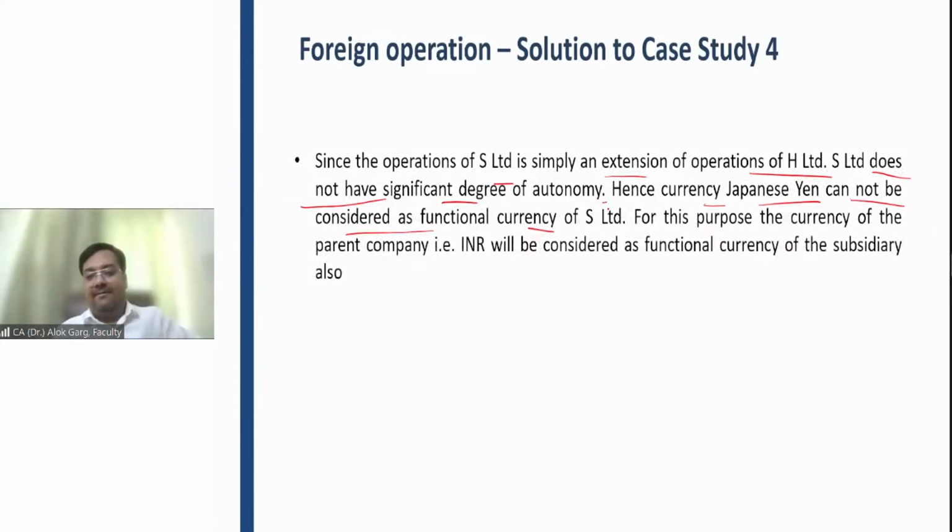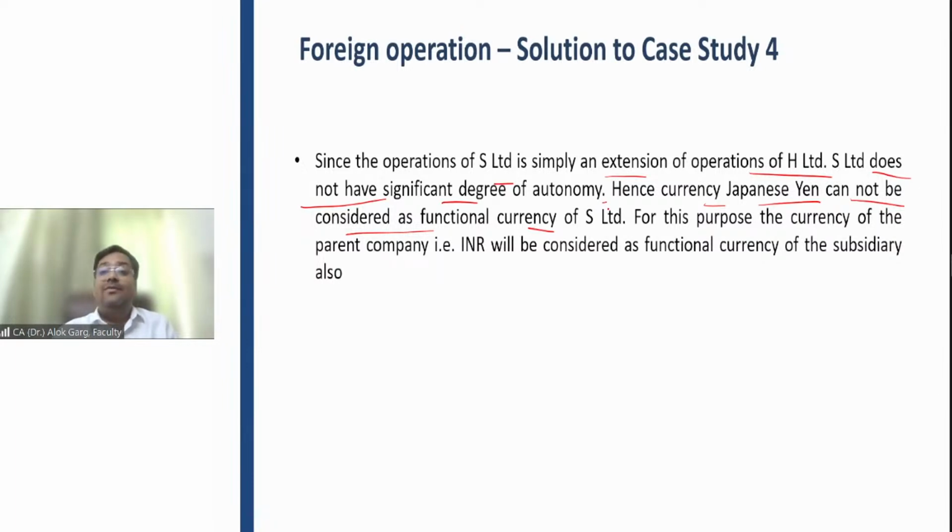You might say, sir, S Limited is in Japan, they are supplying in Japan, so they are getting money in Japanese yen and spending cash in Japanese yen, so Japanese yen will be the functional currency of this entity.